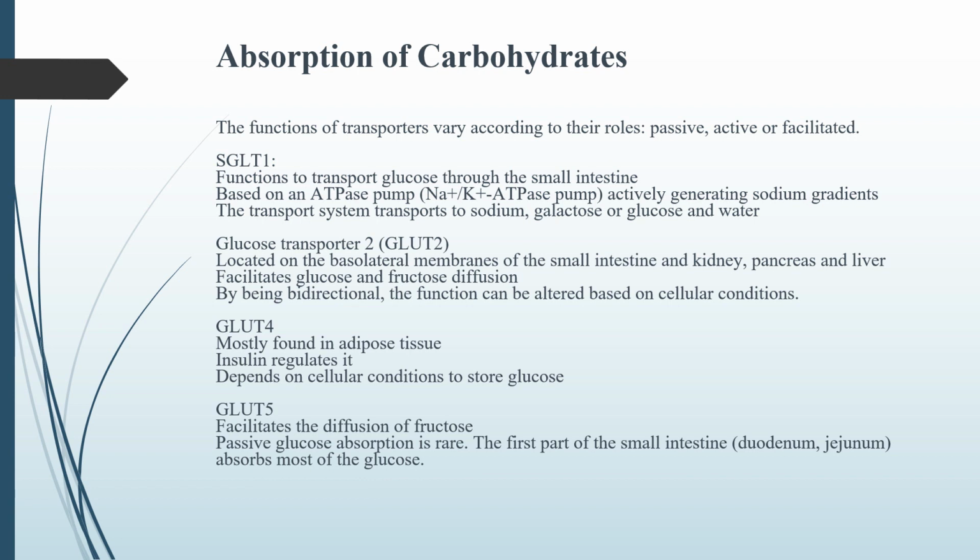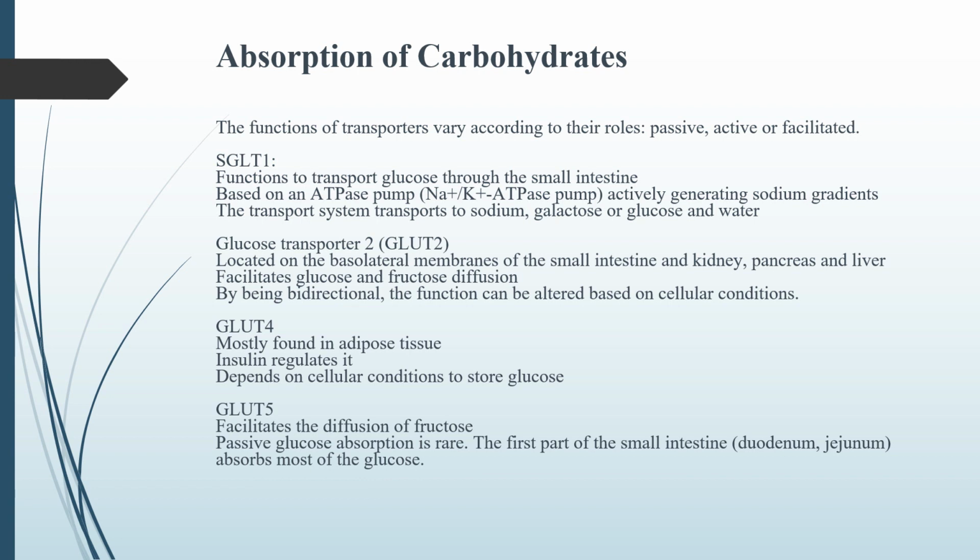GLUT2, located on the basolateral membranes of the small intestine, kidney, pancreas and liver, facilitates glucose and fructose diffusion. By being bidirectional, the function can be altered based on cellular conditions.